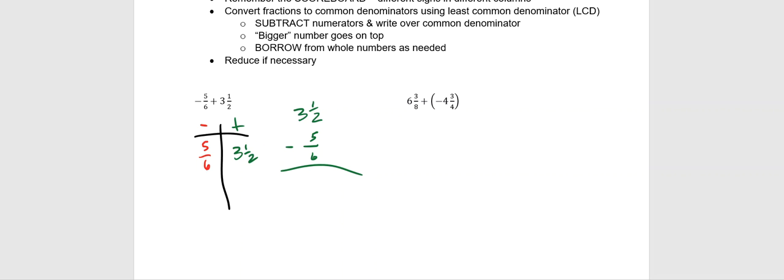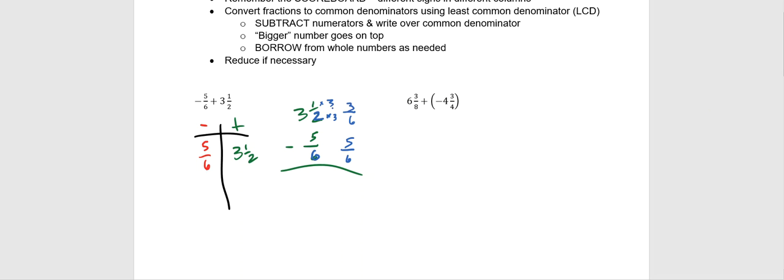So we have to think about what is the smallest number that both 2 and 6 go into. And in that case, it is 6. So our 5/6 is all set to go. That's already having the denominator that we need. Our 1/2, we need to scale up by multiplying the denominator by 3, because 2 times 3 gives me 6, and multiplying the numerator by 3. 1 times 3 gives me 3.